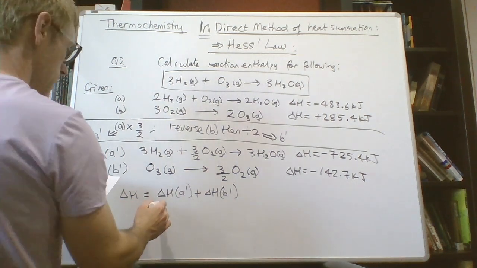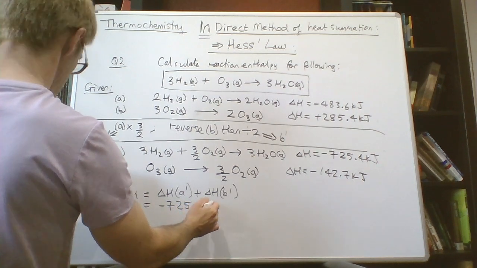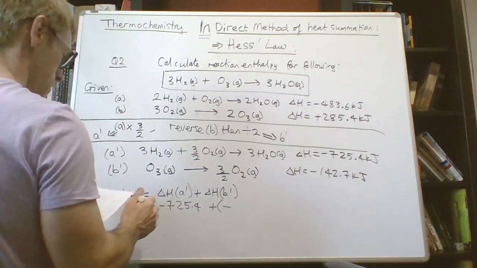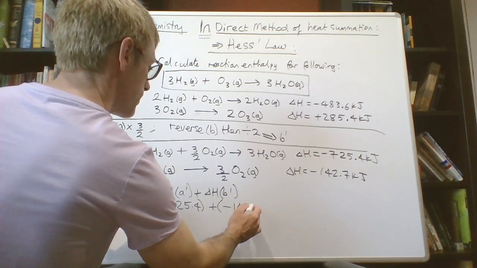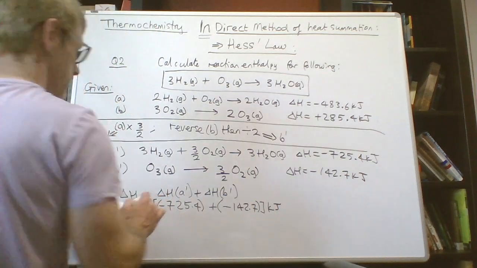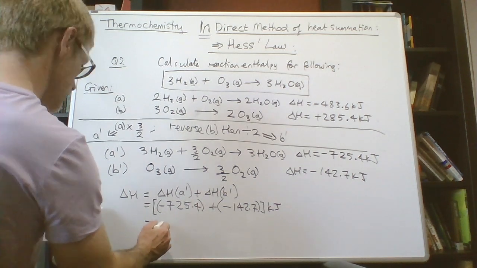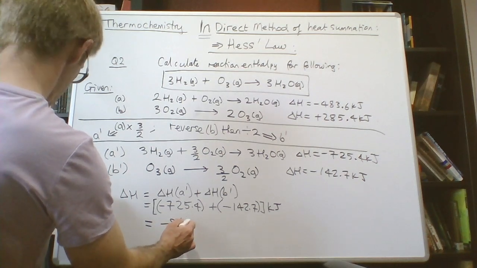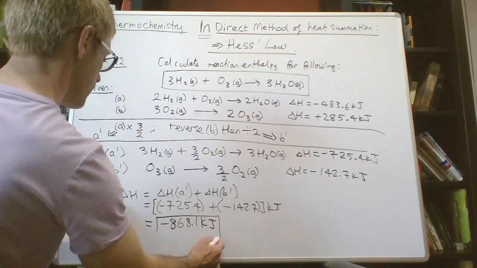So this is going to be our negative 725.4 value plus our negative 142.7 value, all in units of kilojoule, which gives us negative 868.1 kilojoules is our final answer.